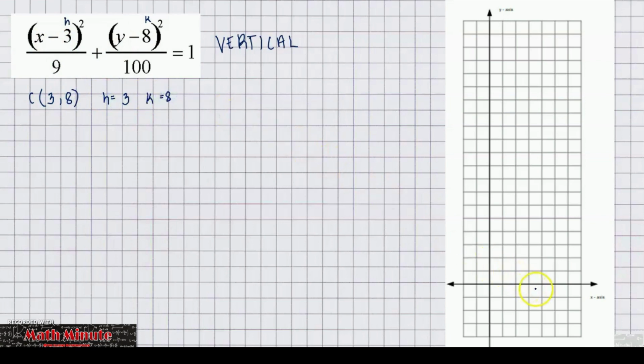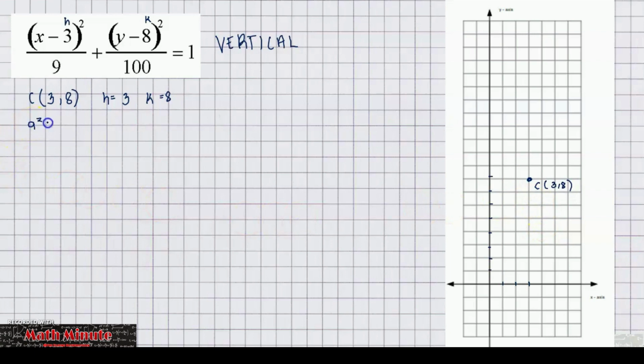We will now locate it here on your graph. So H is 3 and K is positive 8. So 1, 2, 3, 4, 5, 6, 7, 8. So this is your center, which is 3, positive 8.